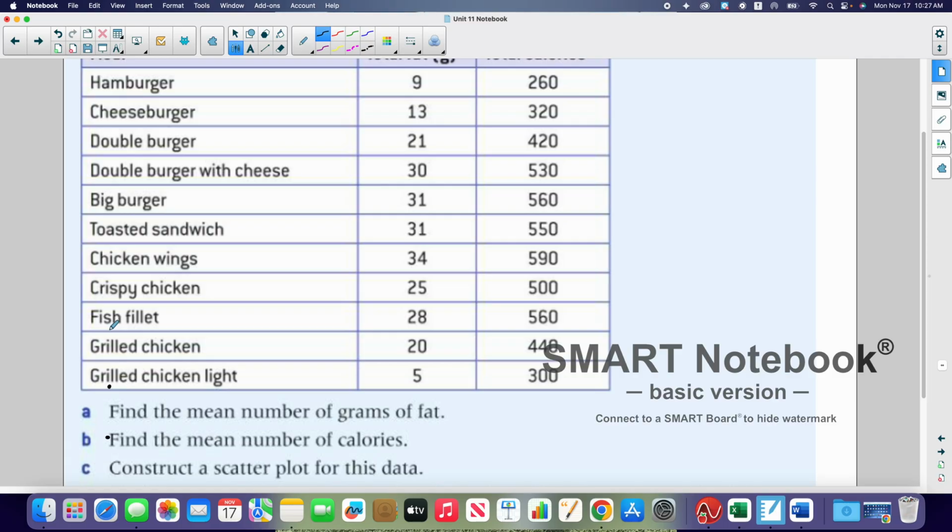Anywhere from 5 to 34. 5 to 34 is my data set. All right. So if I ask you to predict a 24 gram menu item, you could do that because that's in my data set. If I had one that was super fatty, had 40 grams of fat, then we'd say what? Can't do it because why?